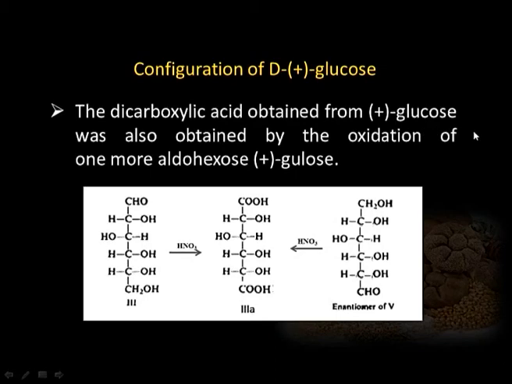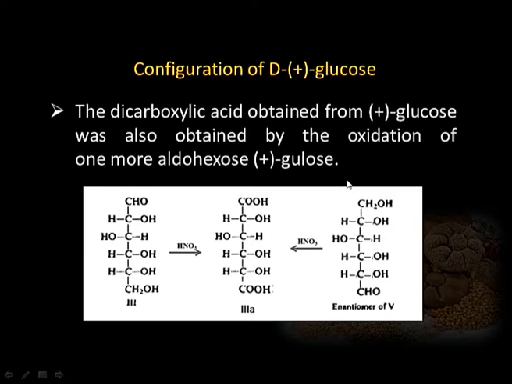Now, another proof came from the reaction that the dicarboxylic acid obtained from plus glucose on oxidation was also obtained by the oxidation of one more aldohexose, which was named plus gulose.